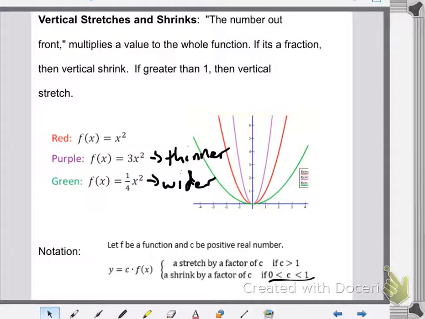Now again, when in doubt, you can graph it on your graphing calculator and it will show you whether it's going to be thinner or wider, but to save you time, you should know the rules for the numbers in front of x squared, or any graph, square root of x, absolute value of x, whatever, it's the same rules.